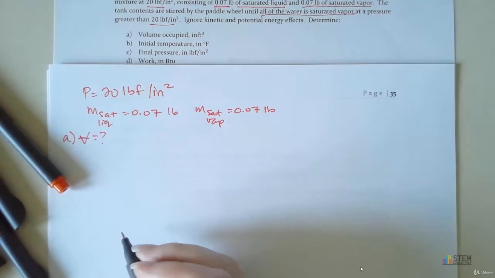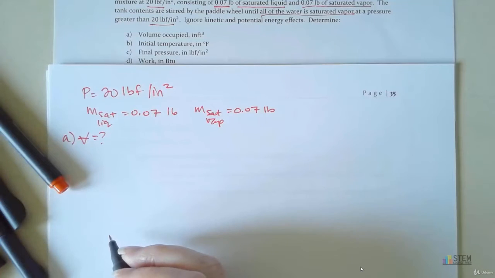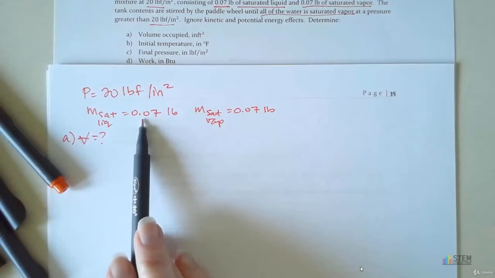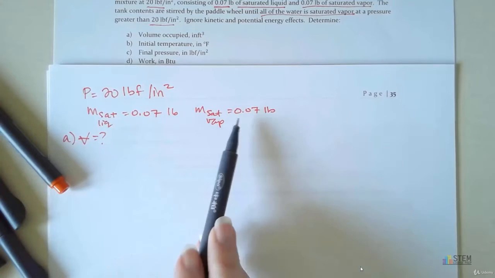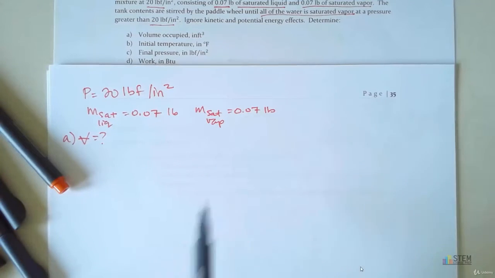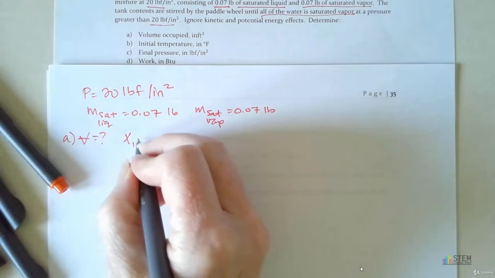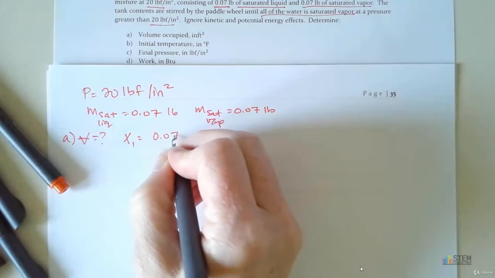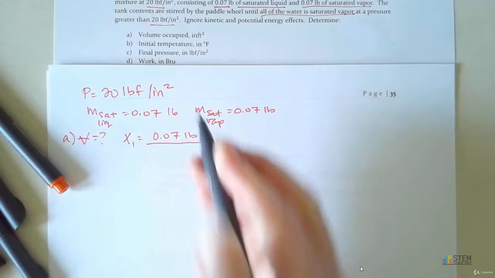So let's go through this process and you'll see why that is. Now first let's look at quality. We've got 0.07 here, 0.07 here. Now for quality, remember you're going to put the amount of vapor in the numerator and then you divide it by the total mass.